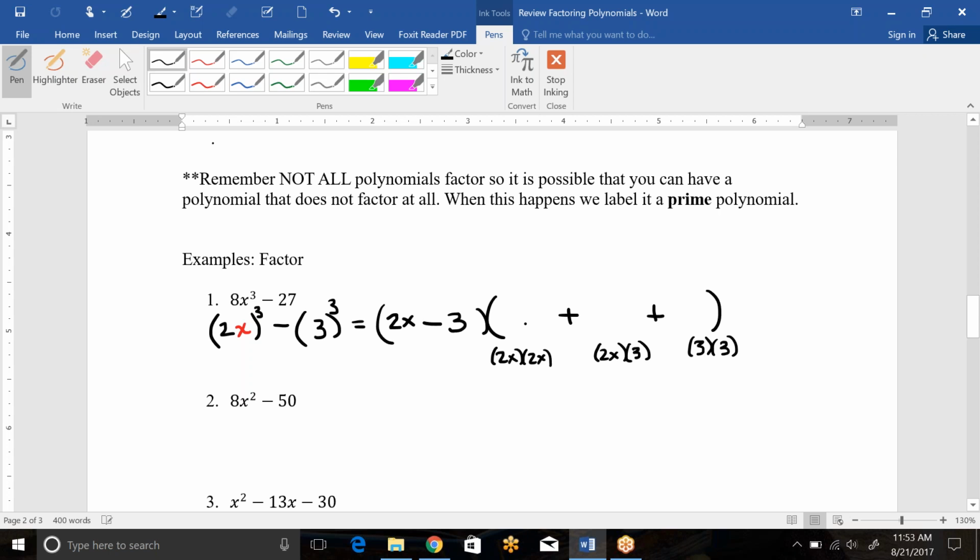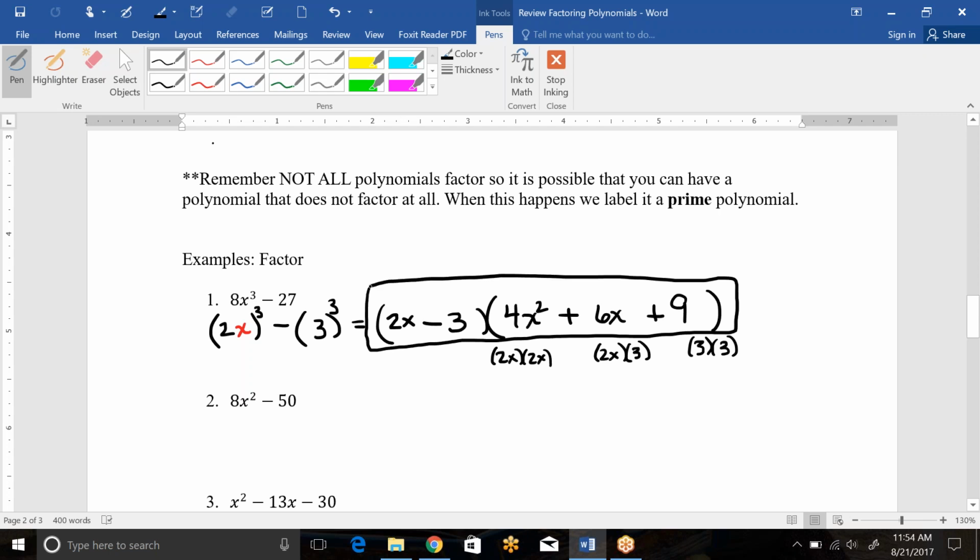So we work this out. This is 4x squared. This would be 6x and 9. So my final factored form, because as long as you haven't left out a GCF of any kind, this trinomial should no longer factor in a perfect cube formula, is 2x minus 3 times 4x squared plus 6x plus 9.